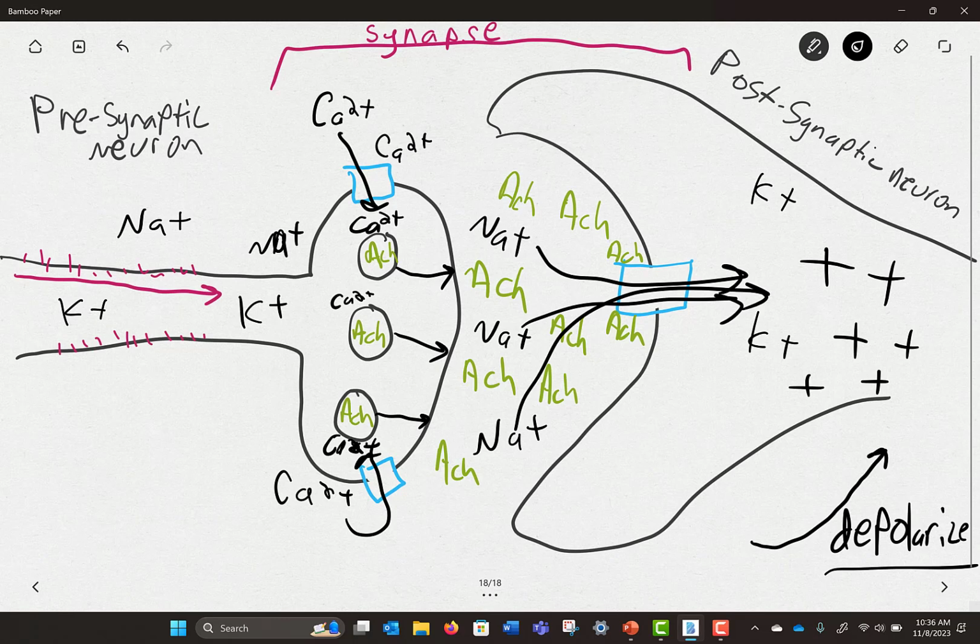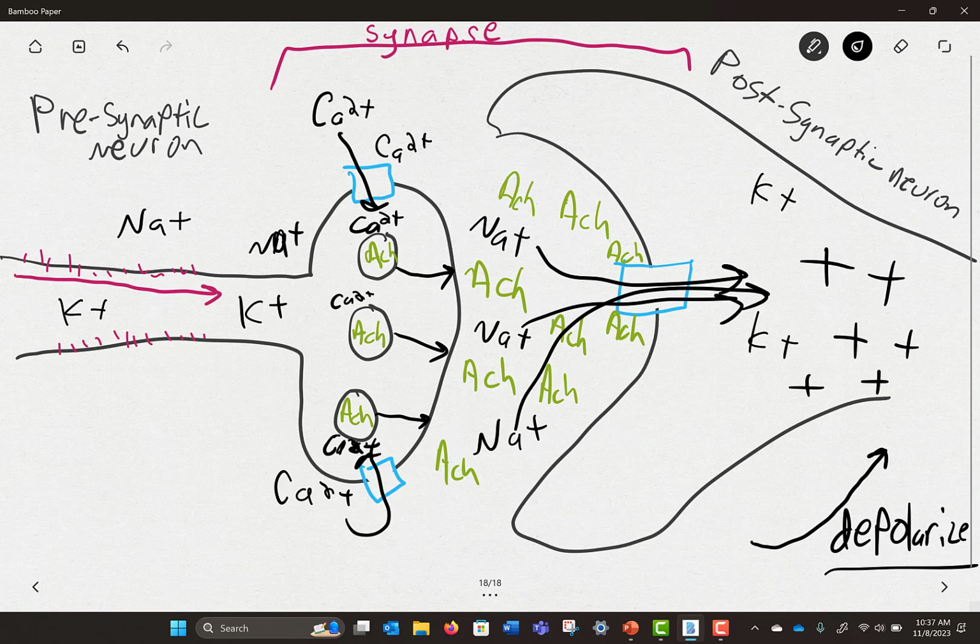In this case, what we saw happen was the presynaptic neuron caused the postsynaptic neuron to depolarize. It brought it closer to threshold elsewhere in the cell. We will see how in just a little bit. But it made it more likely to send an action potential because it is bringing it in a depolarization direction.